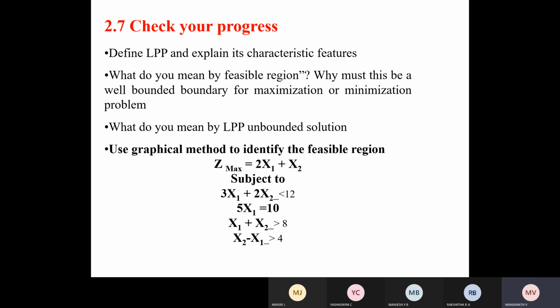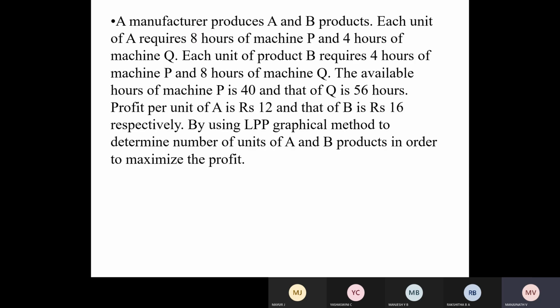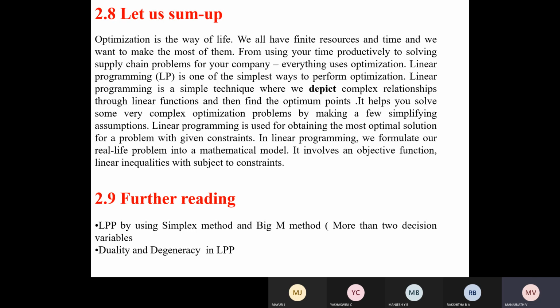This is all about your practicing problems. If possible, I'll try to do one or two problems, or otherwise you can do this. No problem. There are a few problems here you can try. You can copy this. Anyway, I'm sharing the PPT today, and this is what exactly summing up.